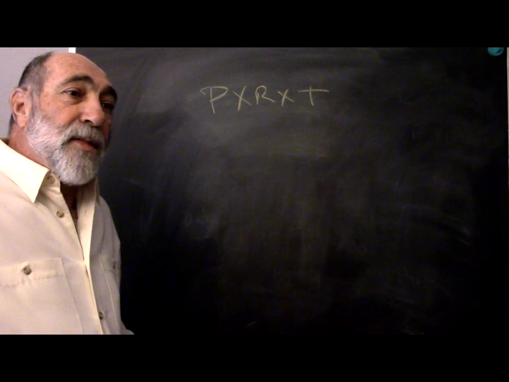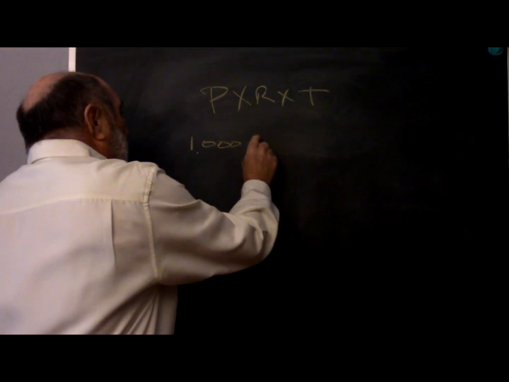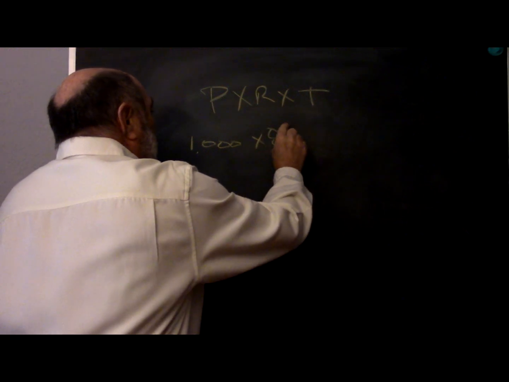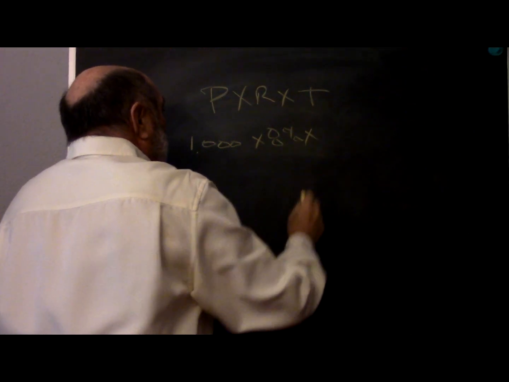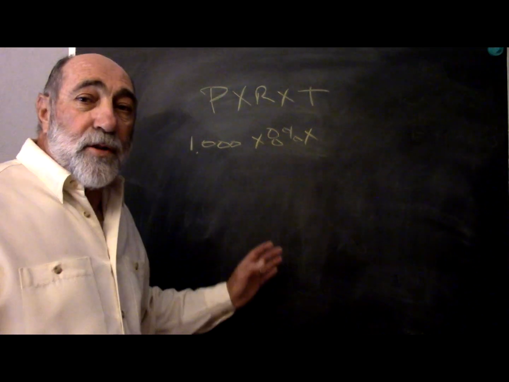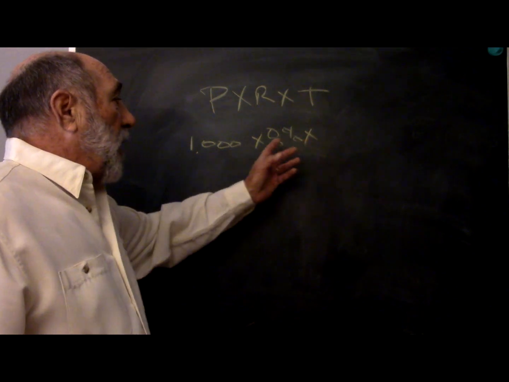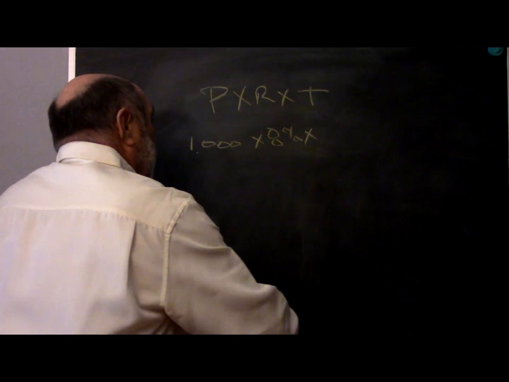So let's say I have a $1,000 bond, and I'm going to use an 8% rate, although today, who knows, but for illustration, it's a nice fat round number to work with. And then time, because this here is the annual rate.